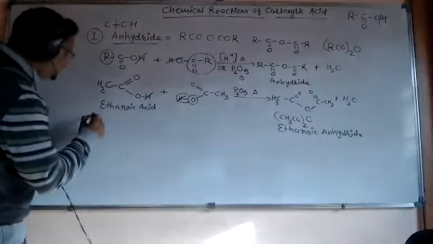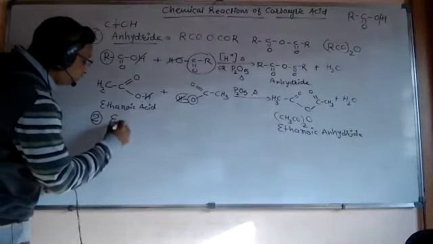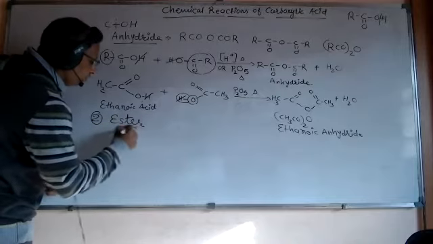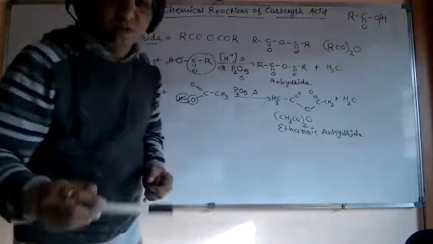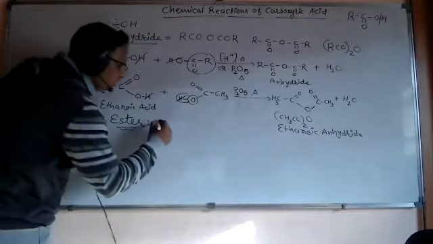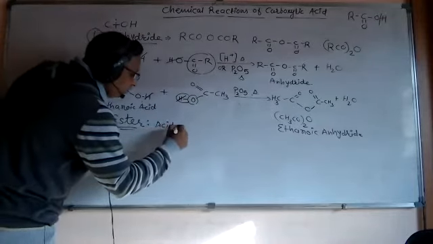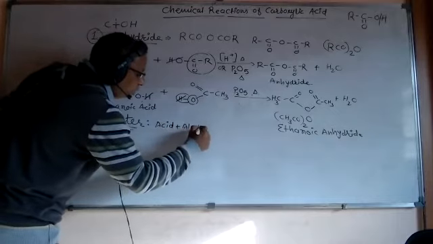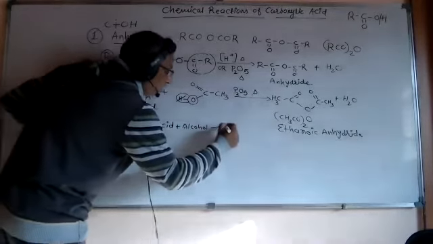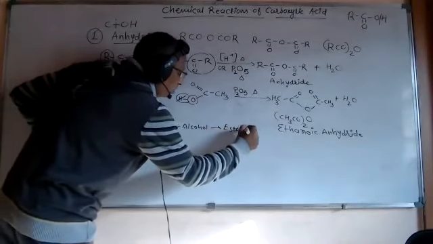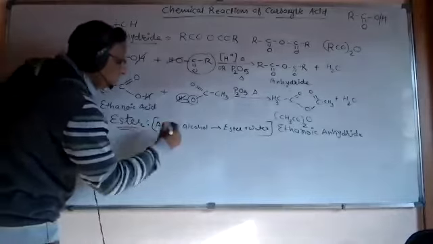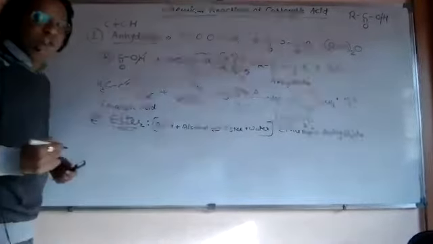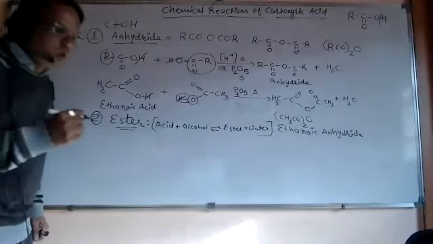The second derivative we can obtain is, friends, ester. How is the ester obtained from carboxylic acid? So remember, friends, acid plus alcohol will give us ester plus water. This is a common formula, friends, and the reaction is a reversible reaction. So look at here carefully.